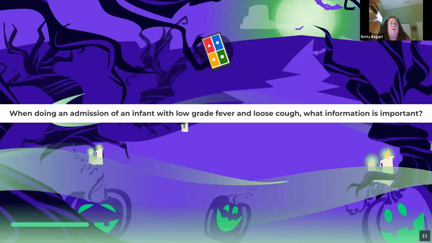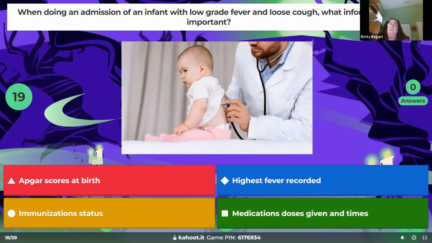Multi-select. When doing an admission on an infant with a low-grade fever and a loose cough, what information is important? When you're admitting these children, on admission, you need to know where to put them. Do you have semi-private rooms or private rooms? It makes a difference.